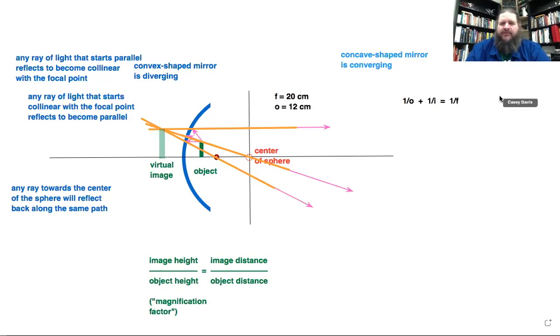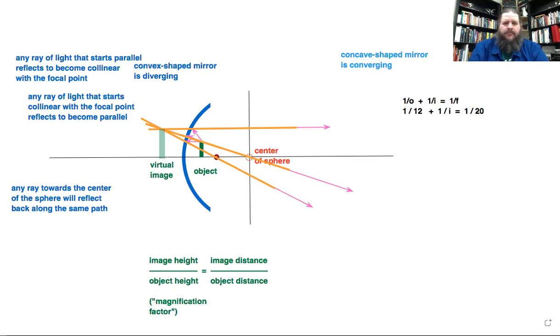If we fill those in, we should be able to solve for I. So 1 over 12 plus 1 over an unknown image distance equals 1 over the focal length, 1 over 20. I'm going to ignore the units here because everything's in centimeters. Right, the object should be 12, not 20. So 1 over the object distance plus 1 over the image distance equals 1 over the focal length. How would we start solving that for I?